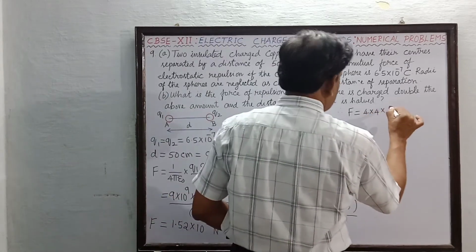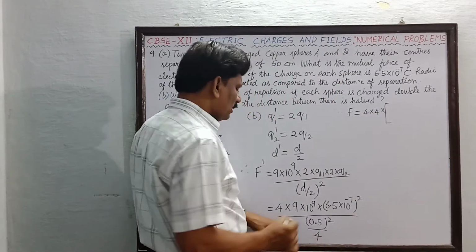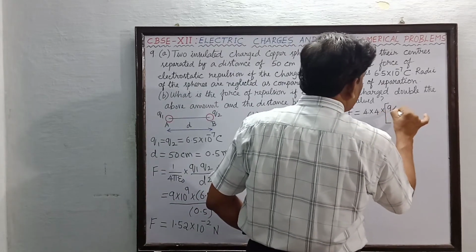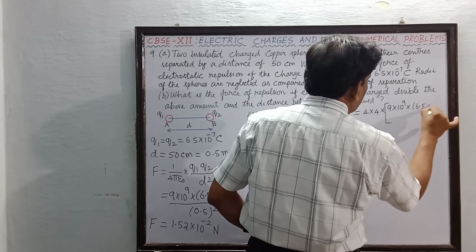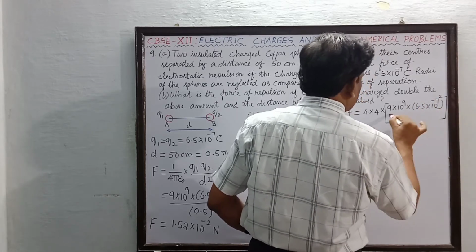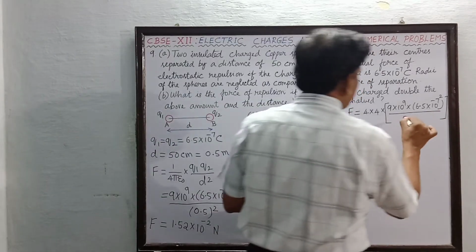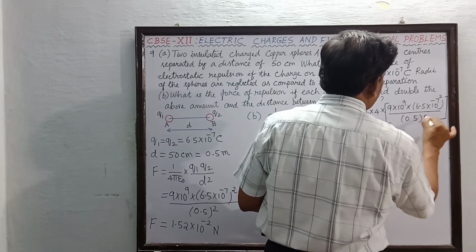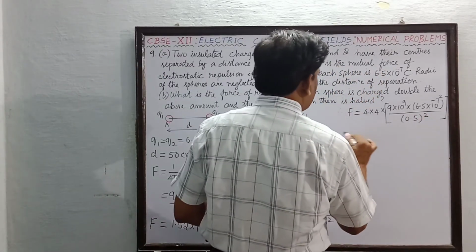In bracket I will write 9 into 10 power 9 into 6.5 into 10 power minus 7 the whole square, divided by 0.5 the whole square. 4 into 4 is what?